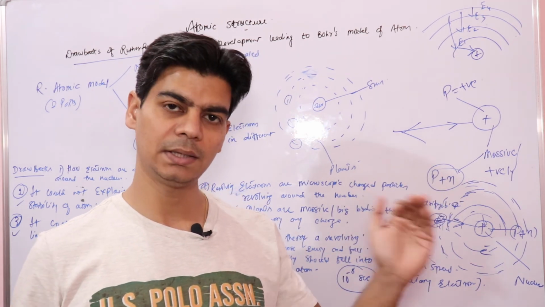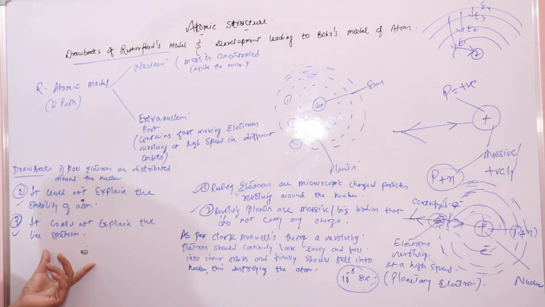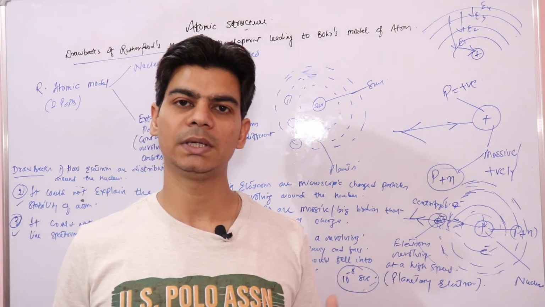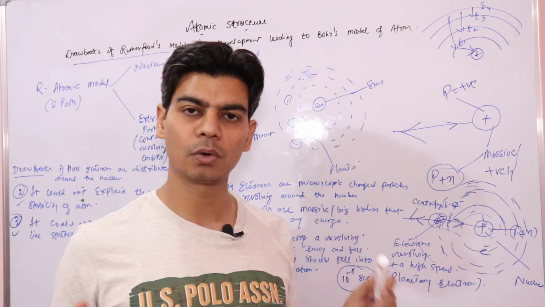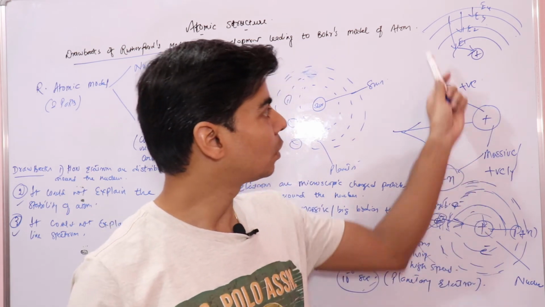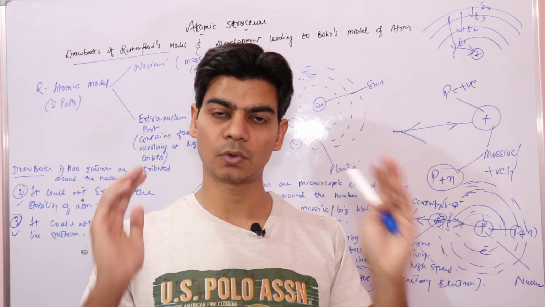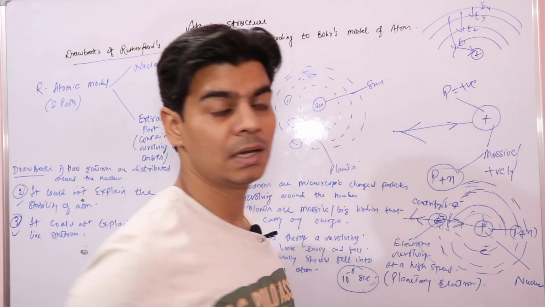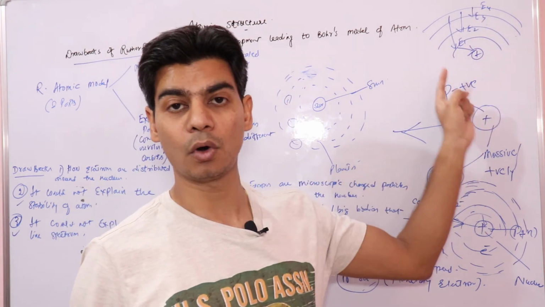When he explained that, then the spectrum of atomic elements was made clear, how it is produced, because he used the concept of stationary orbits, that all these orbits have constant energy, their energy is fixed, and electrons are revolving around these stationary orbits.